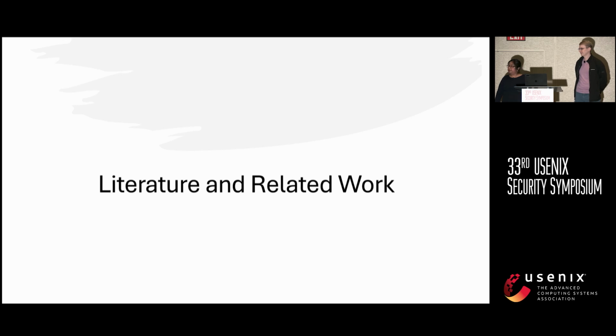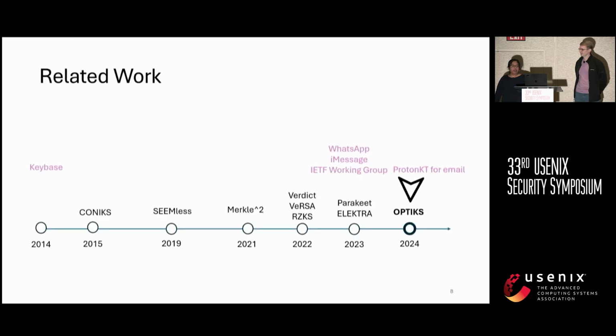So key transparency tries to automate this process so that users won't have to verify manually. The client app can do some verification in the background to verify that they're getting the correct, consistent keys. Key transparency has been around for almost a decade by now. Even before the academic literature started on this, the first deployment was by Keybase in 2014, even though it was not meant for encrypted messaging, it was for PGP key distribution.